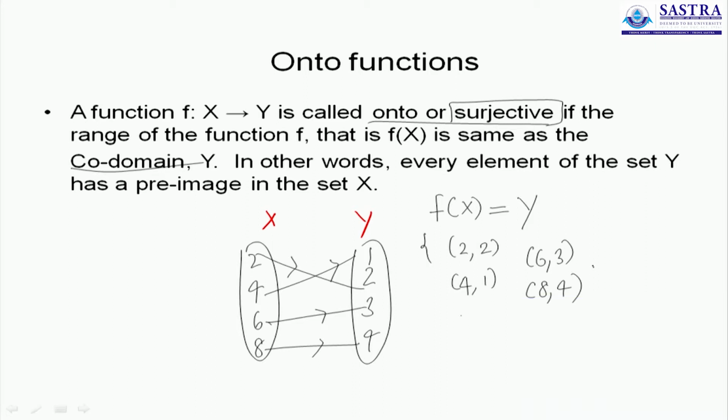This is the set of all ordered pairs that represent the given function. Here you see all elements in the set y have a definite pre-image in the set x, and therefore this function qualifies to be an onto function.